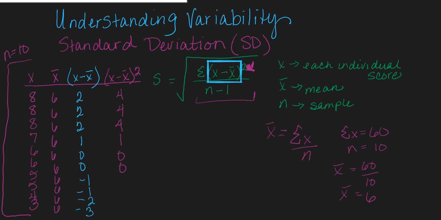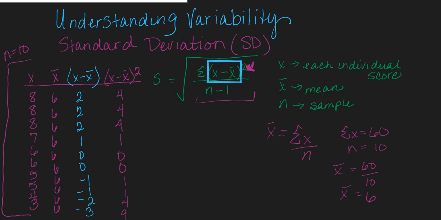Now, the interesting thing is we square these to get rid of these negative numbers, because a negative 1 times a negative 1 is a positive 1. Negative 2 times a negative 2, positive 4.